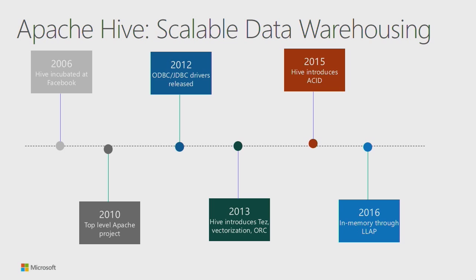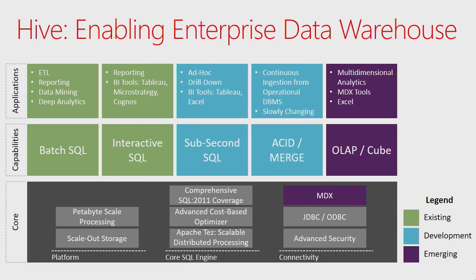And in 2016, in-memory through LLAP, which is a new cluster type in HDInsight called Interactive Hive, which allows Hive to run queries on in-memory data. So the key theme here is Hive is moving more and more towards supporting data warehouse scenarios. It started with batch, moving towards interactive, and more towards OLAP and Cube.